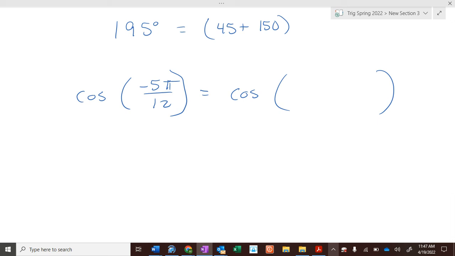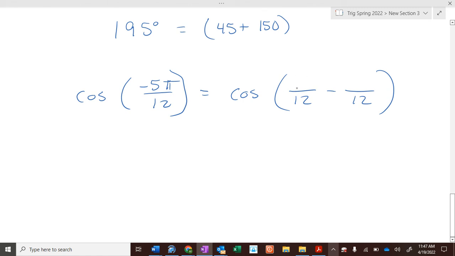What minus what is a negative 5? Because we will probably want a 12 as our denominator. And I know 0 minus 5 works, but can you have a negative 5? Is 5 pi over 12 on here?